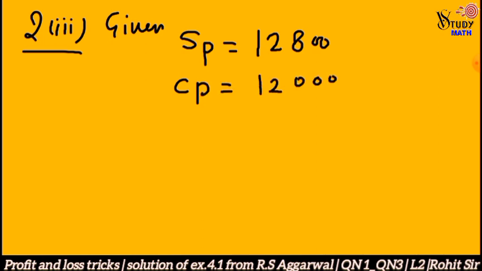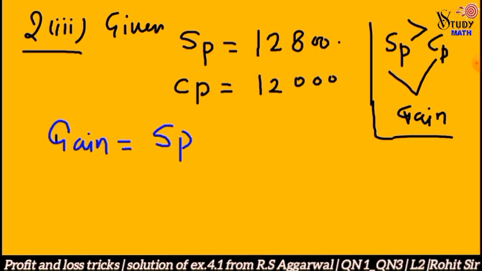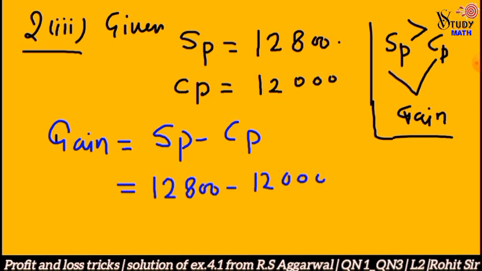You can see very clearly that SP is greater here. Then in that case, we have gain. We have to find gain. The formula of gain is SP minus CP. SP is 12,800 minus 12,000. After subtracting this, we have 800 rupees gain.